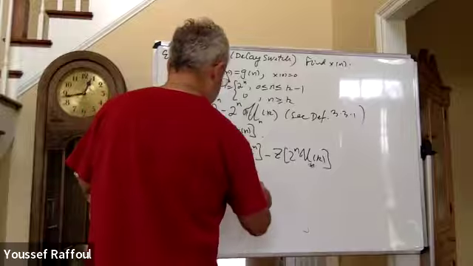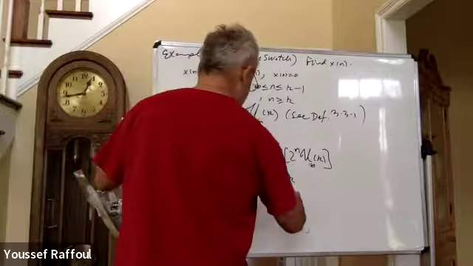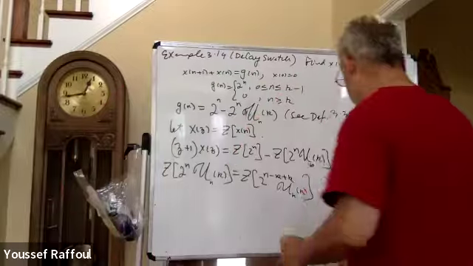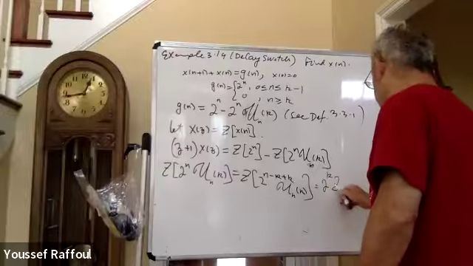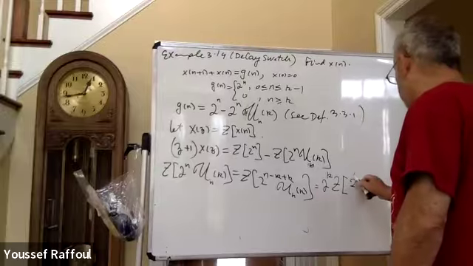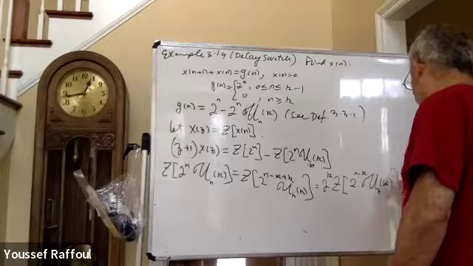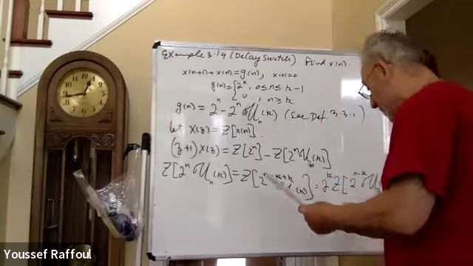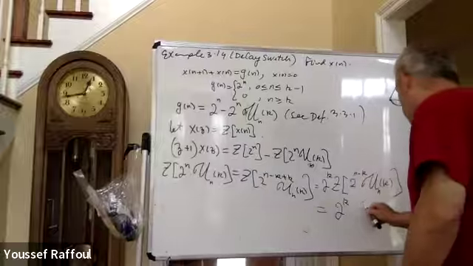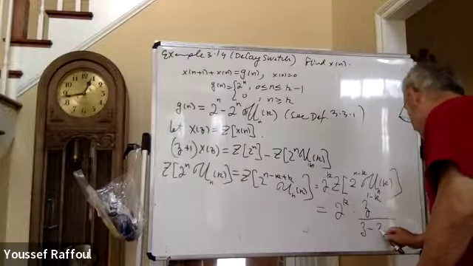That is Z of 2 to the n minus k plus k u(n minus k), and that is 2 to the k Z of 2 to the n minus k u(n minus k), and that is 2 to the k times z to the 1 minus k over z minus 2.